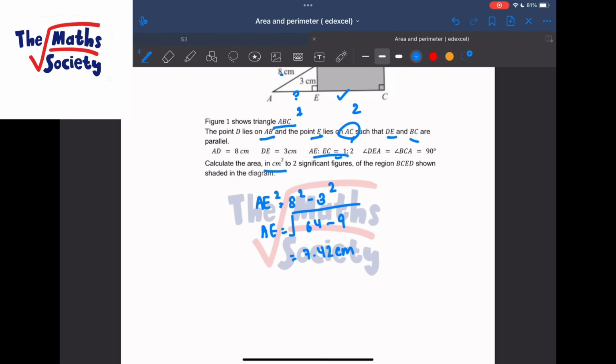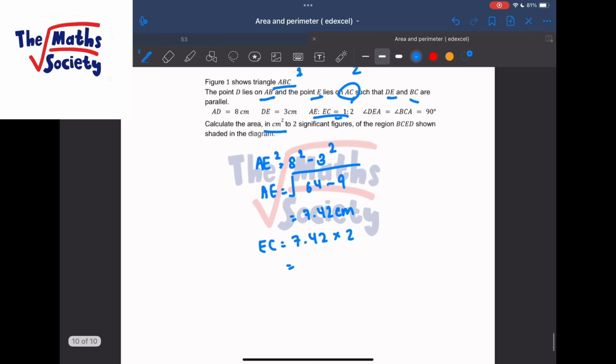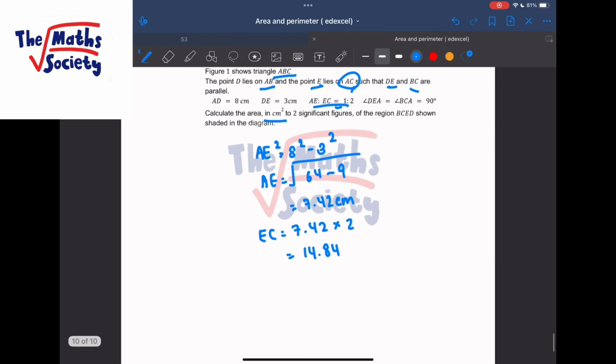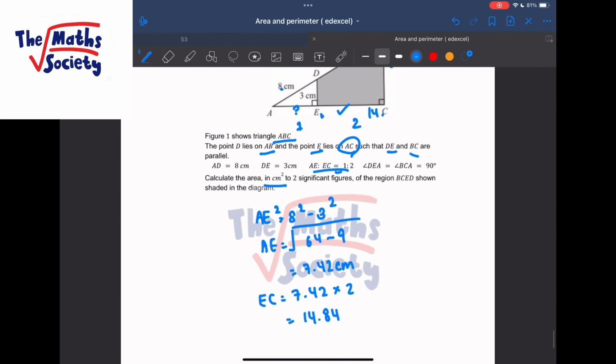And we know that EC is 1 is to 2, so EC would be equal to 7.42 multiplied by 2, because the ratio is given as 1 is to 2. So you will have 14.84. So now we know 14.84 and this is 7.42.